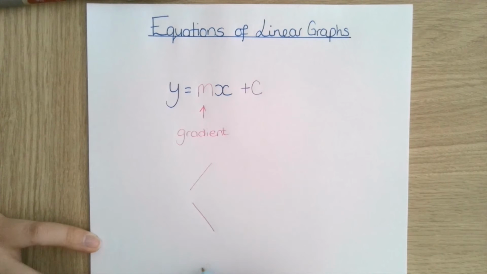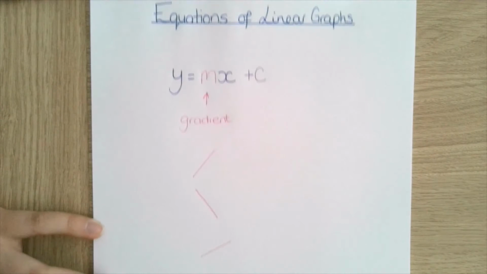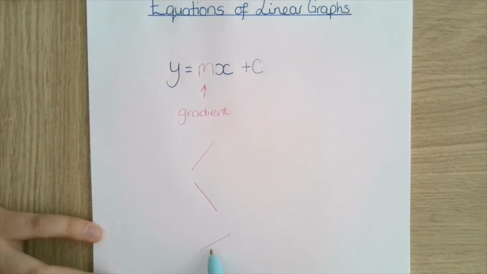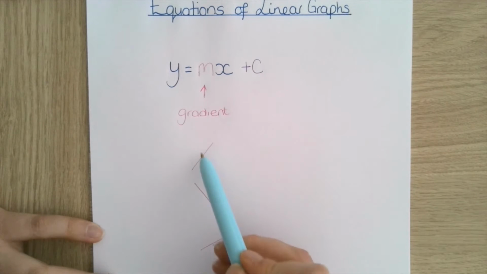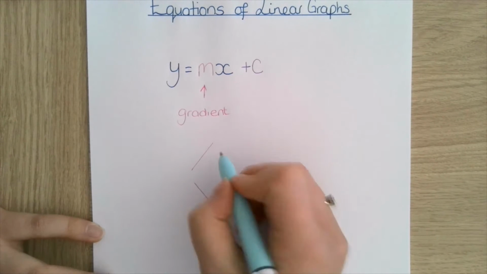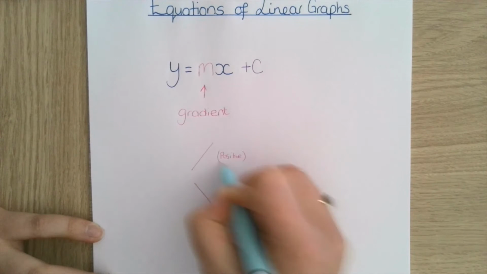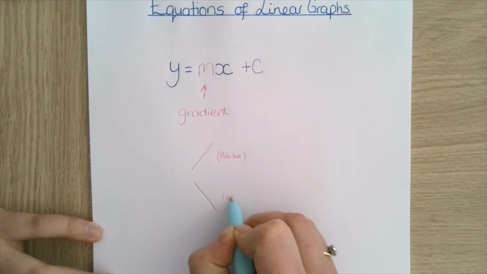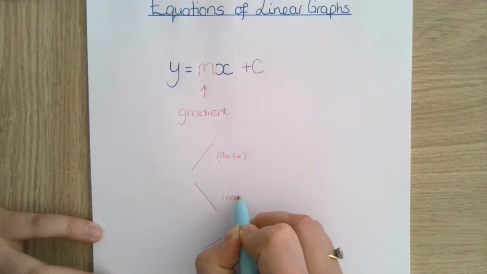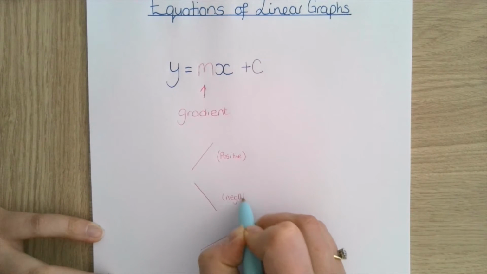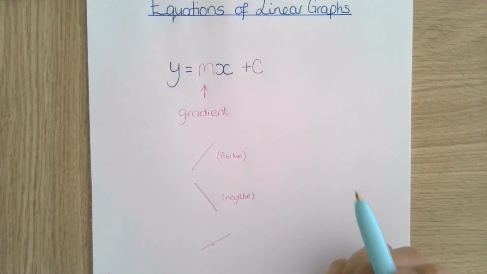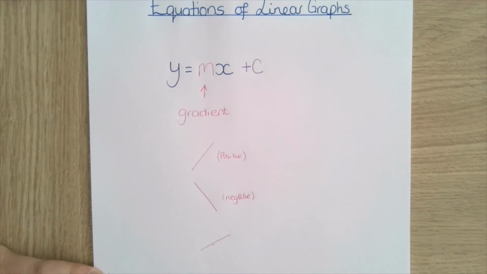You might have something that's slightly shallower, which means the gradient of this is slightly smaller than the gradient of this, for example. So this is a positive gradient and this is a negative, just to make sure that you are happy with the direction in which it's going.